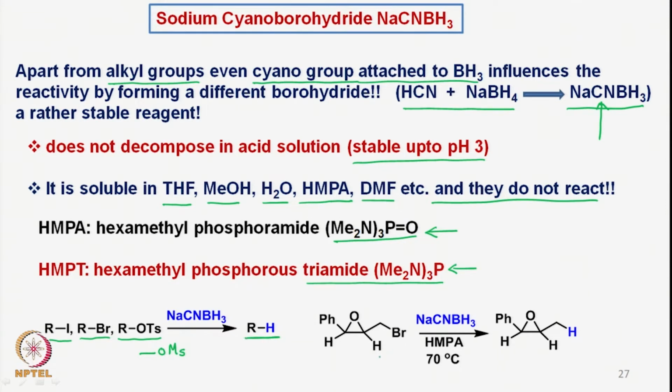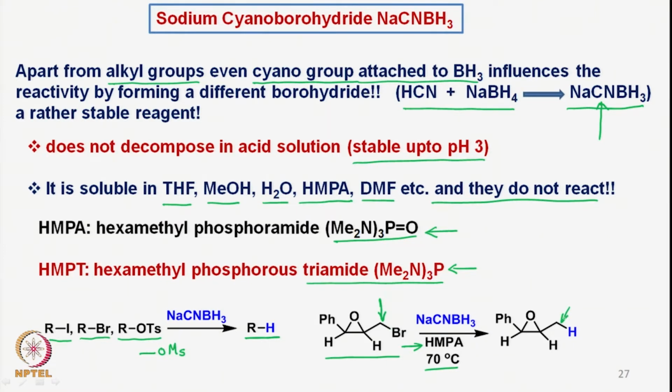So you can see here in HMPA at 70 degrees, this somewhat sensitive molecule, we can reduce the carbon-bromine bond and introduce a carbon-hydrogen bond.